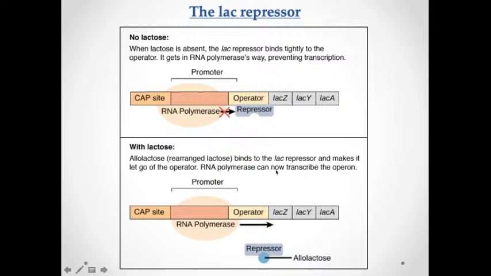Because lactose is present, allolactose binds to the repressor, letting the RNA polymerase attach to the promoter and letting transcription happen in the common way. So that's how the absence and presence of lactose are so important in this case.